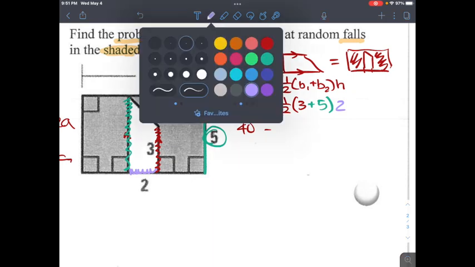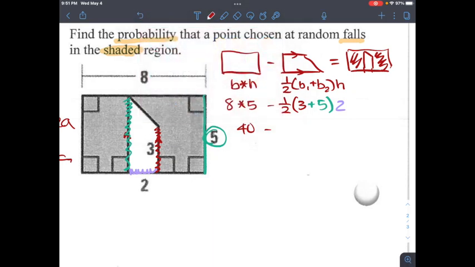Now, once you do that, you can just do order of operations. I'd like to add 3 plus 5 first because that's 8. And then that's order of operations, half of 8 times 2. And that's going to equal 40 minus half of 8, which is 4, and then times 2. 4 times 2 is going to be 8.